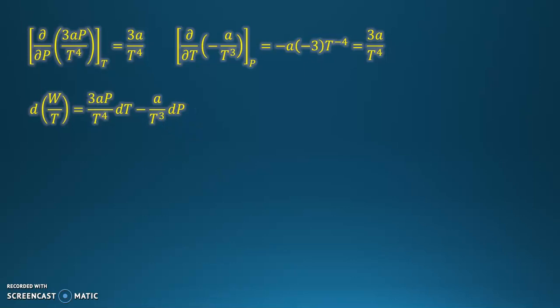We don't know what that function is, but we know that its partial derivative with respect to t is equal to this part in here. So let's go to do that. The partial derivative of a function as we are looking for with respect to t is equal to 3ab over t to the 4.